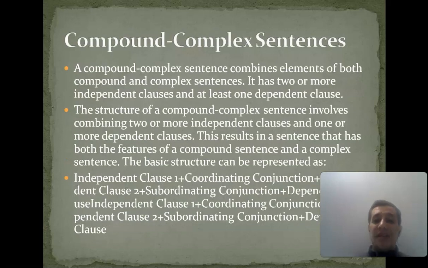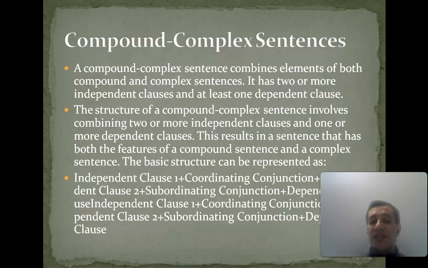Compound complex sentences. Here it combines elements of both compound and complex sentences. It has two or more independent clauses and at least one dependent clause. The structure involves combining two or more independent clauses and one or more dependent clauses.